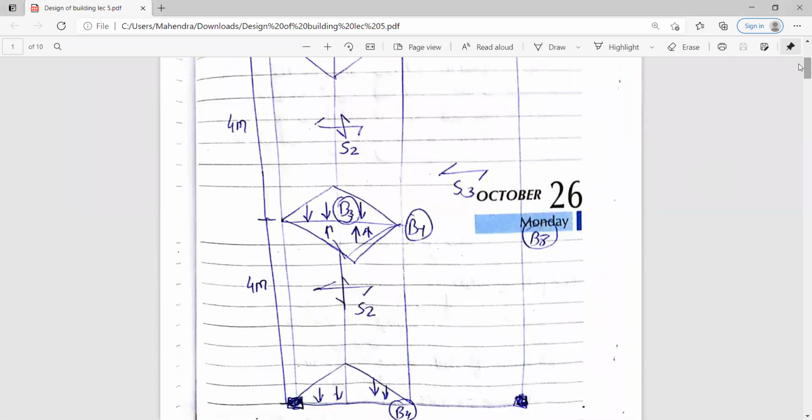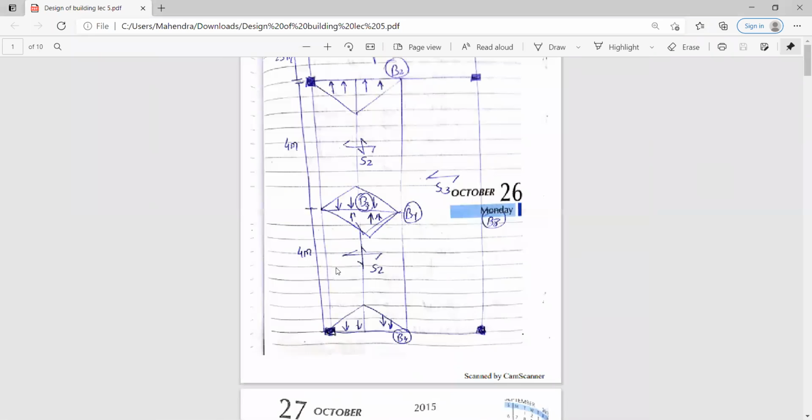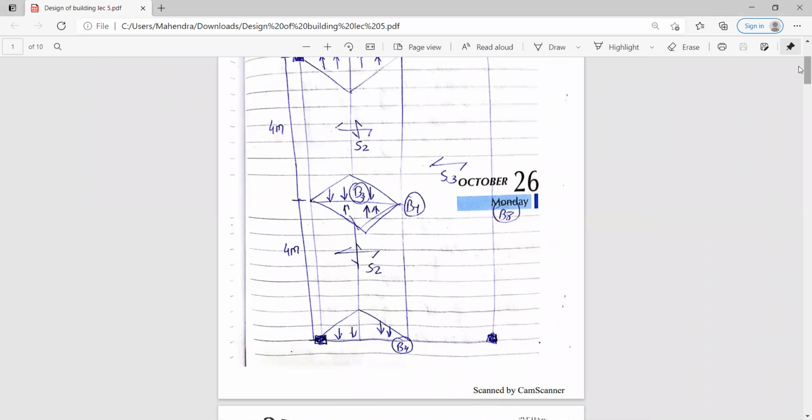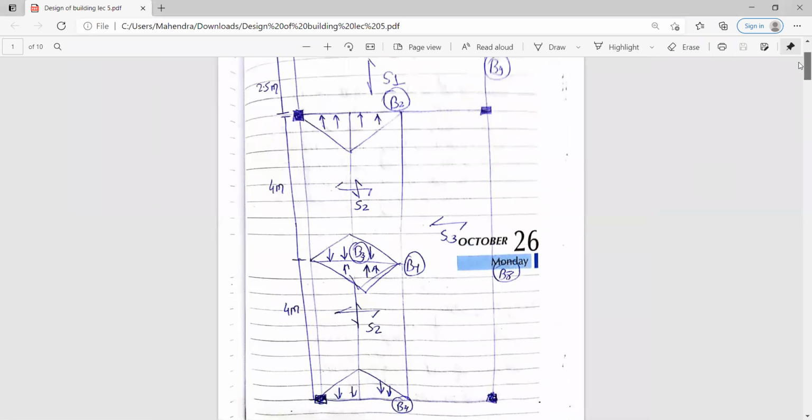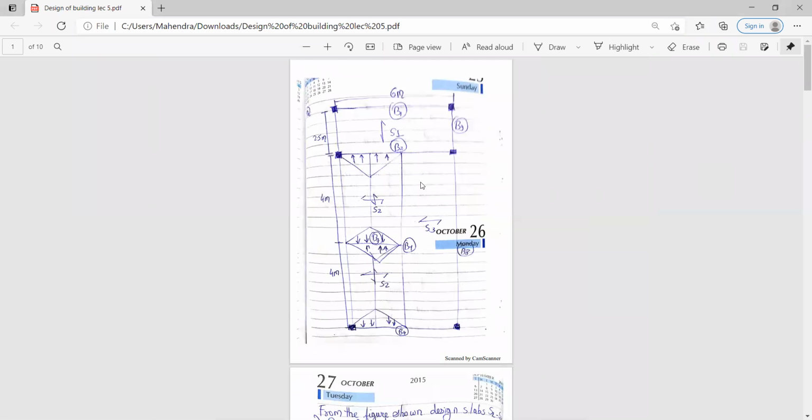See, this is your plan. This is your total plan. As you can see, there are a total of 9 beams in this particular plan. But from that 9 beams, you need to design for only 2 beams, that is B7 and B2.